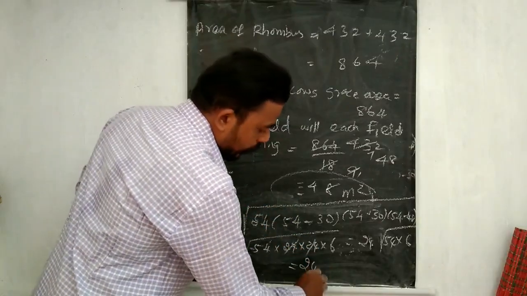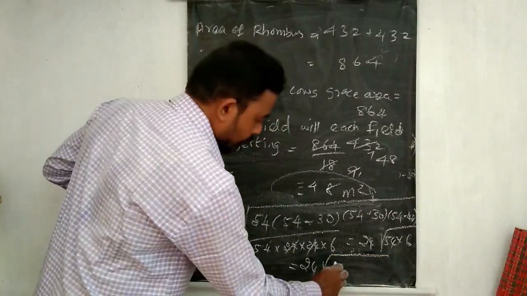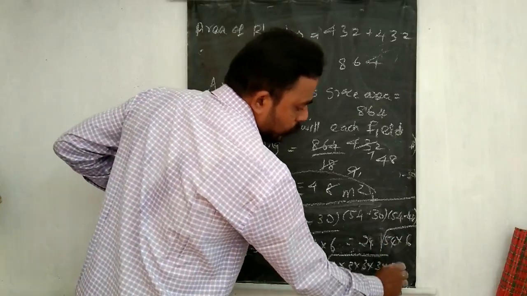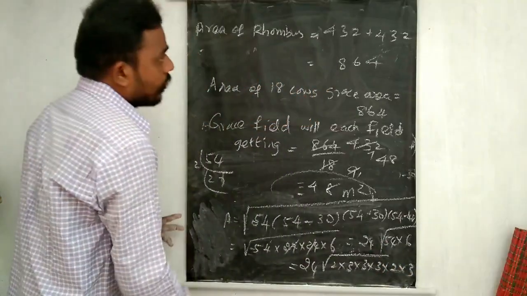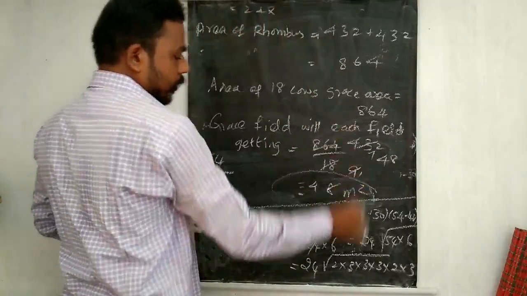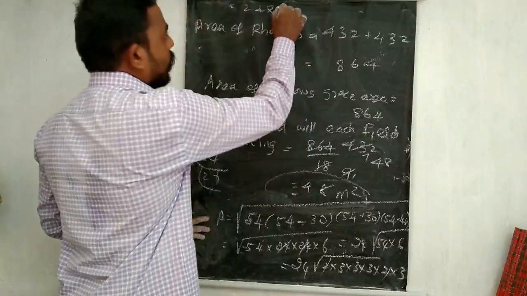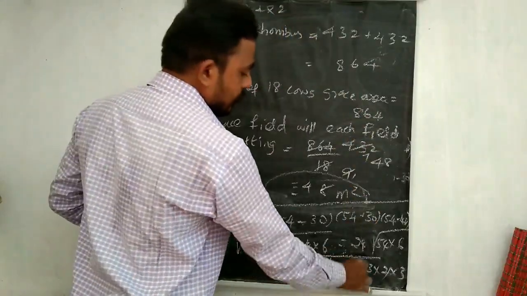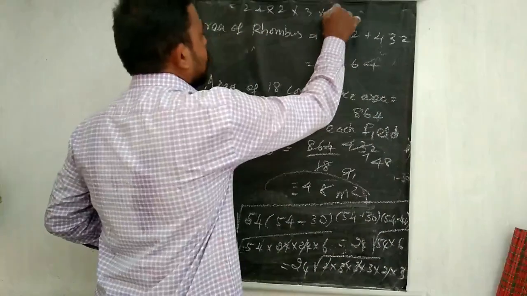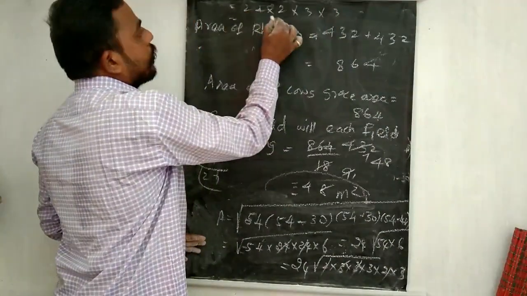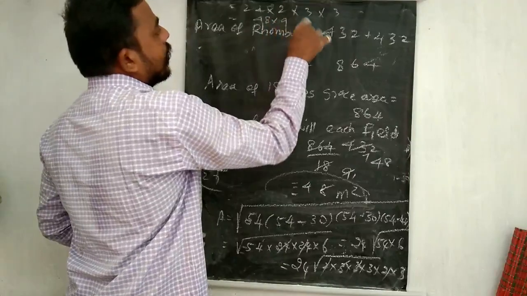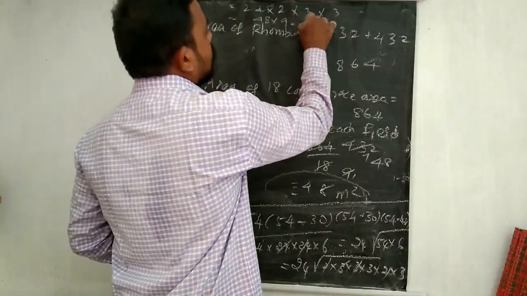So 24 into root of 2 into 3 into 3 into 3 into 2 into 3. For this pair of 2s I can write 2, for this pair I can write 3, for this pair another 3. So 24 into 2 is 48, 48 into 9 is 432.